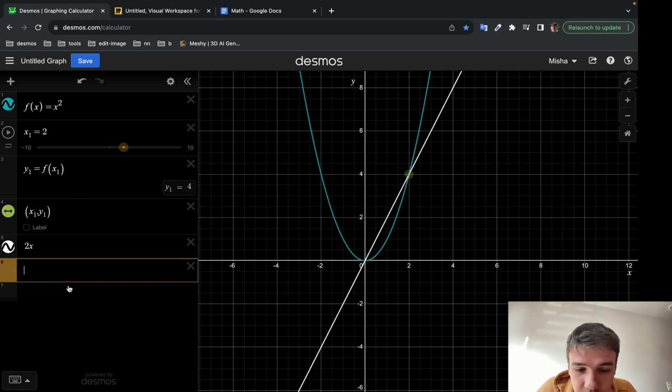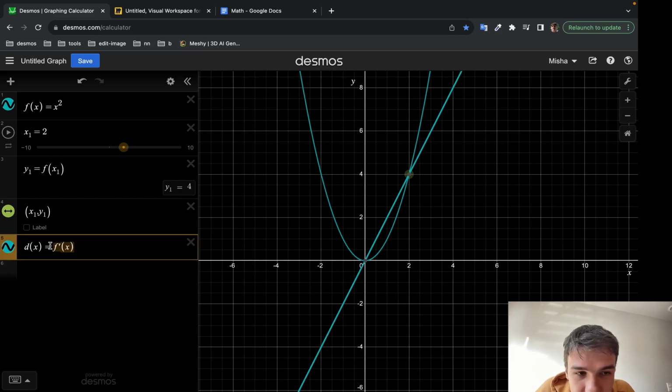And of course, if I say the derivative is equal to, for the sake of simplicity, f prime of x, I'm going to get the same line. So I'm just going to delete this, because this represents the derivative. For any point on the graph of x squared, the derivative is 2x. We just take the x value.